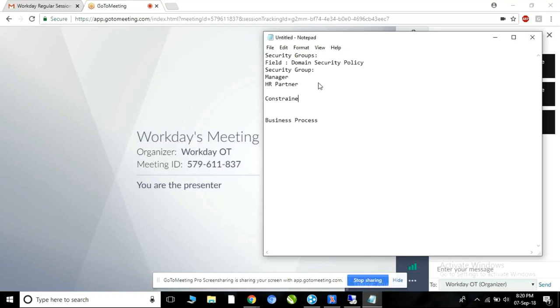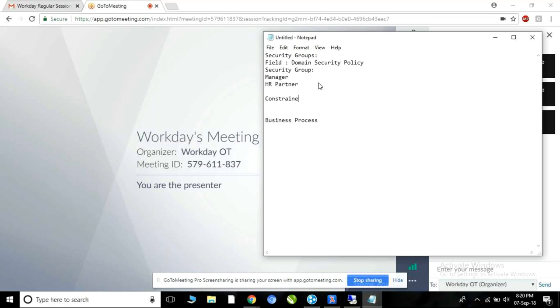So in my current supervisory organization, there are only 5 people. And if I make a security group which is of constrained type, then in that organization, where we have created 2 or 3 security groups, say HR partner, compensation partner, or anything like that, then only those 5 people can take up that role. No other person in the tenant, if they are hired in any other supervisory organization, will be able to take up that role for that particular supervisory organization.